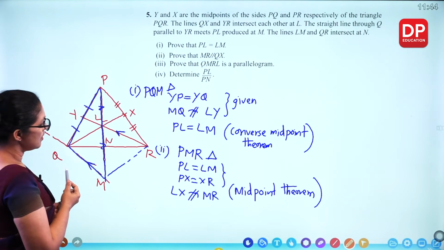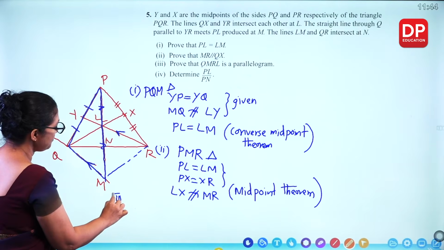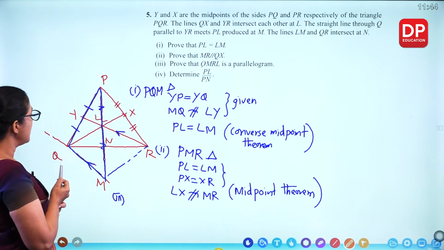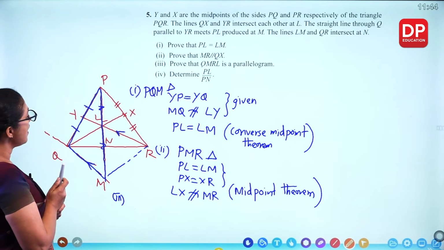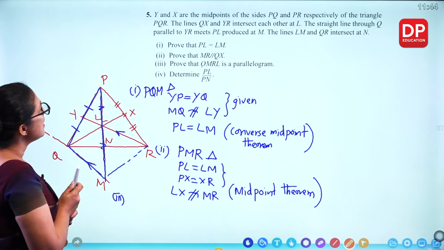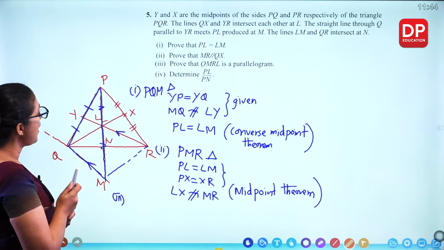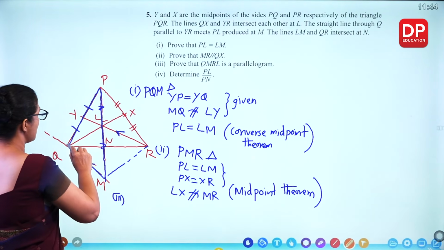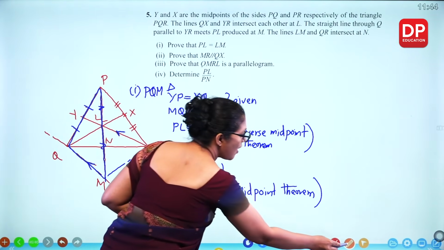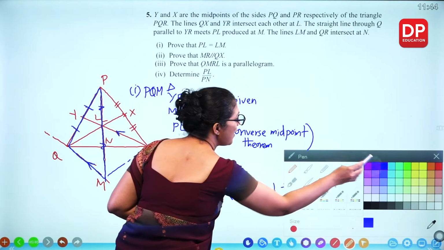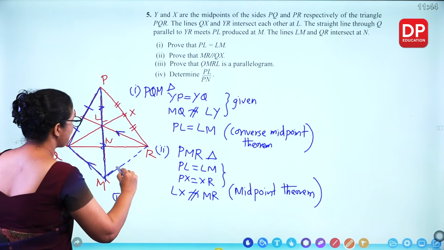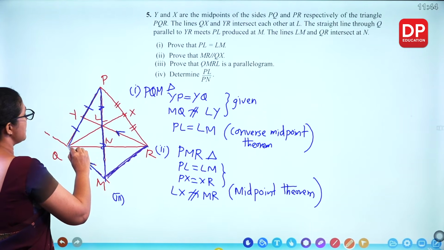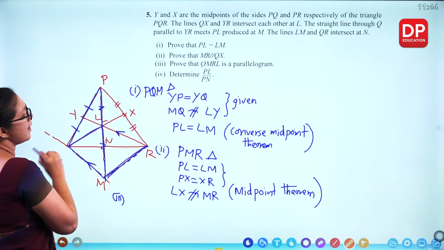Then the next part, third part. Prove that QMRL is a parallelogram. So straight away we get it. Why? Opposite sides are parallel. Now see, this side is parallel to this side, QX.